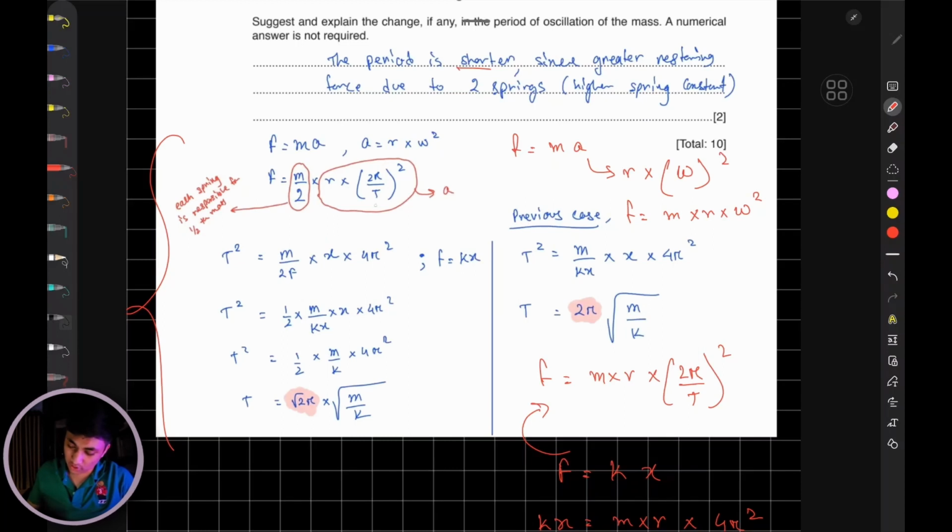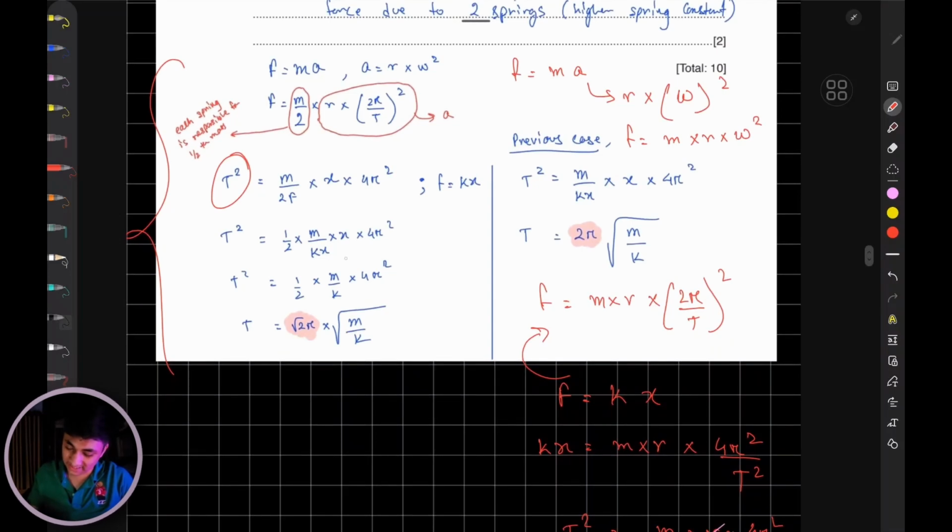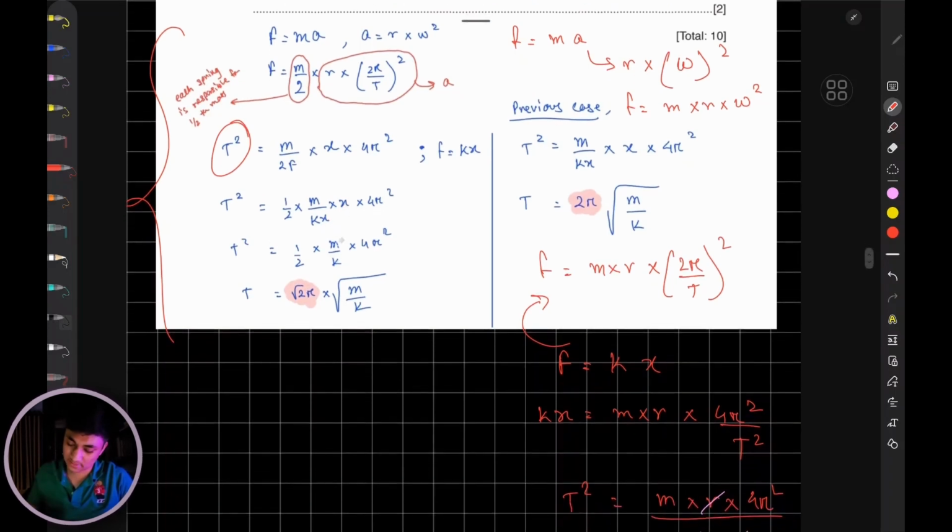Now when you make T squared the subject, you're going to be left with m by 2F, because I brought the F over here, times x times 4 pi square. Now if I input F is equal to kx, then I will be left with half times m by kx times x times 4 pi square. Now the x and x, the R and R, I can cancel off, and I'll be left with T square is equal to half times m by k times 4 pi square.